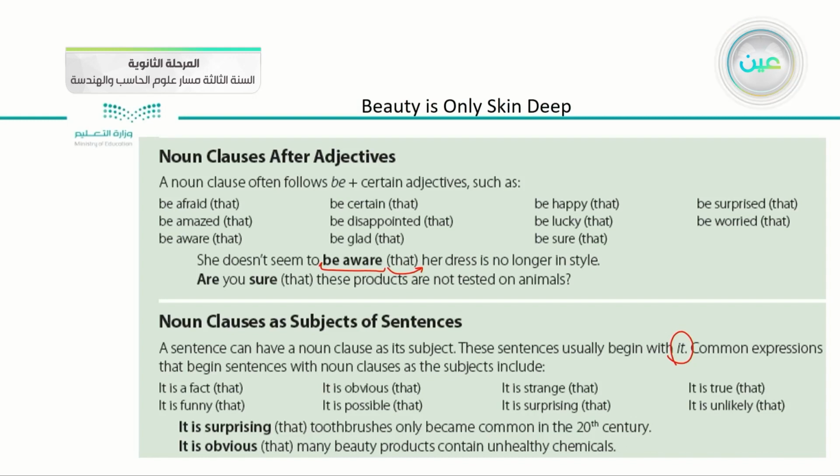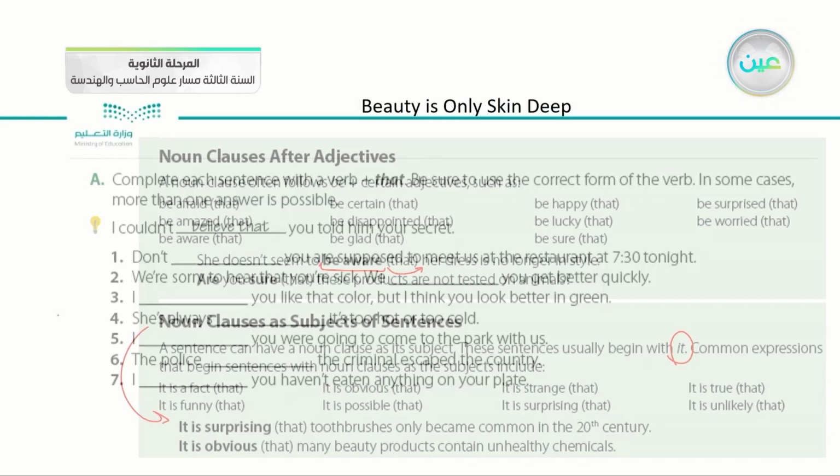For example: it is a fact that, it is funny that, it's obvious that, it's possible that, and so on. The first example is: "It is surprising that toothbrushes only became common in the 20th century." This is a sentence that has started with a noun clause.